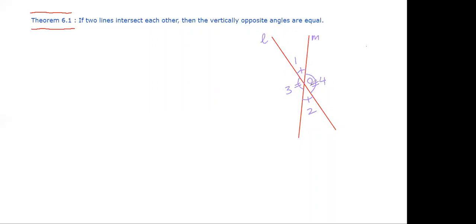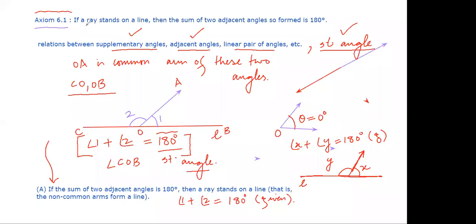Now, students, we need to prove it. So, we will prove it using the linear pair axiom. It says that if a ray stands on a line, then the sum of the two adjacent angles so formed is 180.